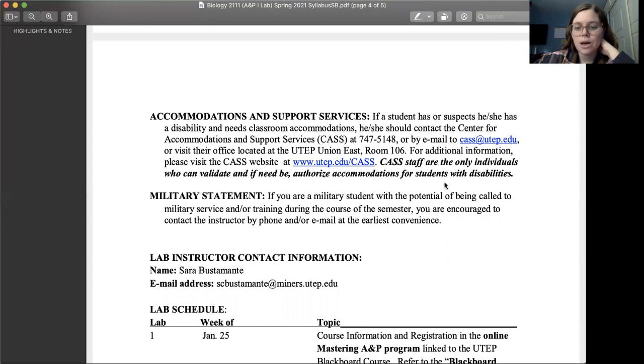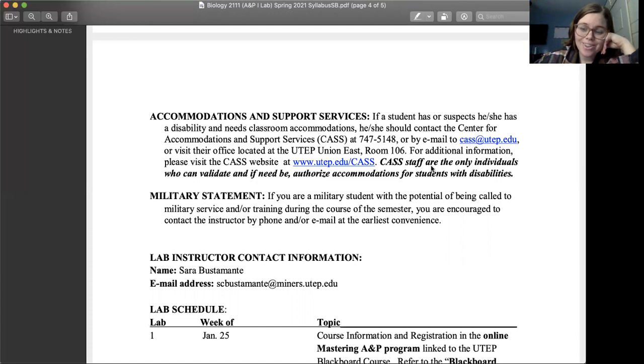That way, we're there to support you, obviously. So if you need any support services or anything, email CAS. That's the best way to do it. You can email me if you'd like.